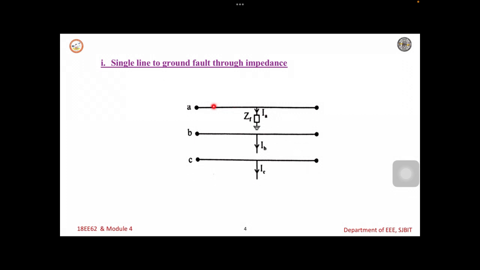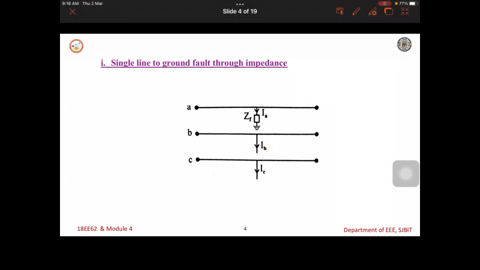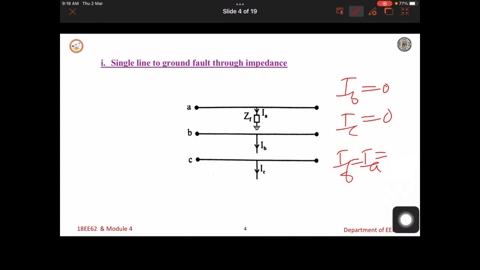Here I considered 3 transmission lines and 3 stubs, A, B, C, and this is an unloaded transmission line. Since it is unloaded, the currents flowing in B and C, that is IB and IC, will be 0. Here the fault current is IA, that is, it is grounded through impedance.